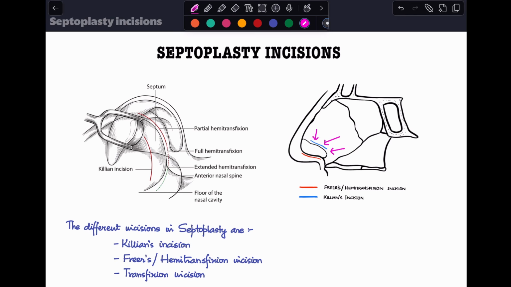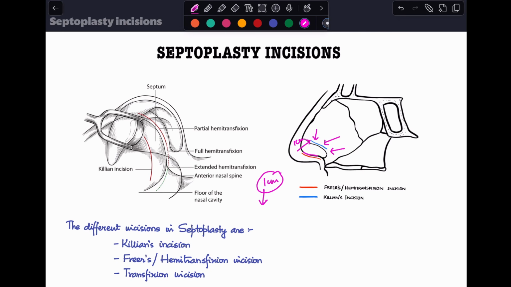Killian's incision is an incision that we place about 1 centimeter behind the caudal border of the septal cartilage. So this is the caudal border of the septal cartilage, and you put it about 1 centimeter behind. Now this number you'll see different textbooks giving different numbers.